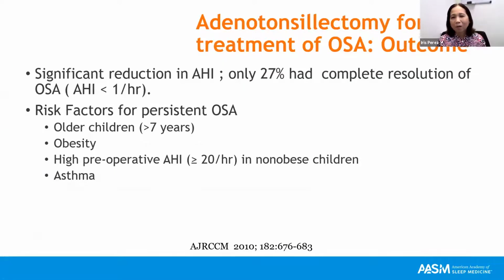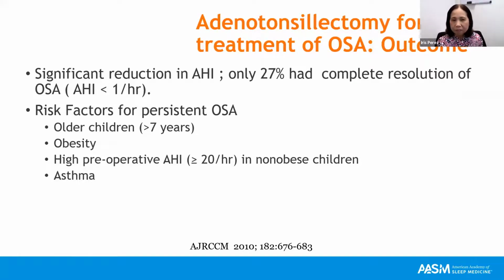So what do we know about the outcomes of adenotonsillectomy? In a study, we know that adenotonsillectomy results in significant reduction in the AHI and improvement in symptoms. But in one study, only 27%, or 1/3, had complete resolution of OSA when defined as AHI less than 1 per hour.